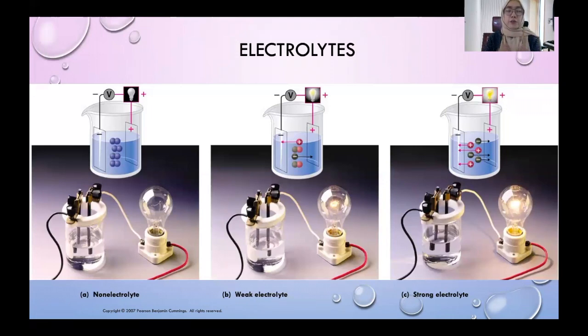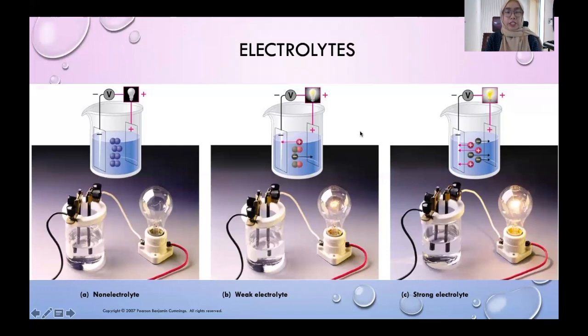Okay, in this video, we already talked about electrolyte and non-electrolyte solution. Some compounds, some molecules cannot break down into positive and negative ions, and they will be non-electrolyte, and some compounds will break down into positive and negative ions, like weak electrolyte and strong electrolyte.